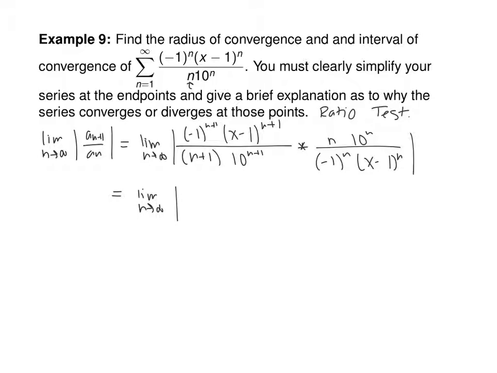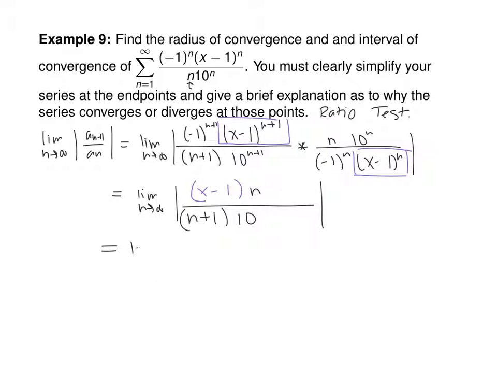We have (x minus 1) to the n plus 1 over (x minus 1) to the n. That's going to give us an x minus 1. Next, the n and the n plus 1 don't go away, but the 10's do cancel, so we just have a singular 10 in the bottom.